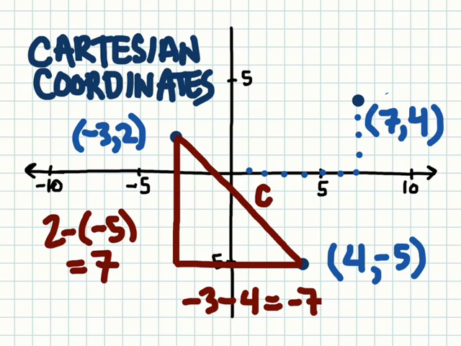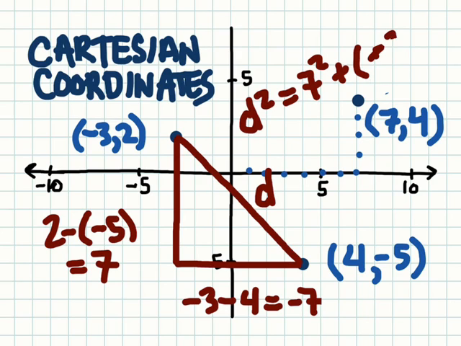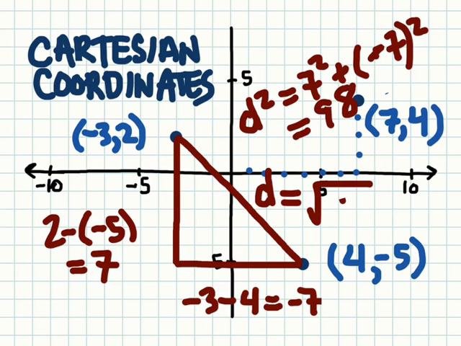So the Pythagorean formula tells us that that distance d is going to be related to 7 squared plus -7 squared, or 49 plus 49 are 98. And so that tells us that d is the square root of 98. So there's some coordinate geometry in action.